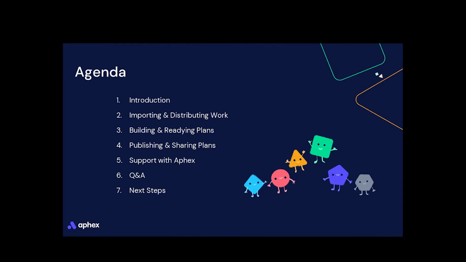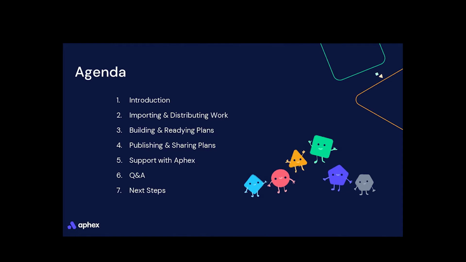As a quick outline, I'll run through an introduction to Aphex as a company and then our planner app specifically. We'll then touch on what we call workflows. These aren't groundbreaking concepts. A lot of you on construction projects will be familiar with a lot of these. We've just digitized them. But as I refer to them across the session, wanted to spend a moment now just outlining what they are.